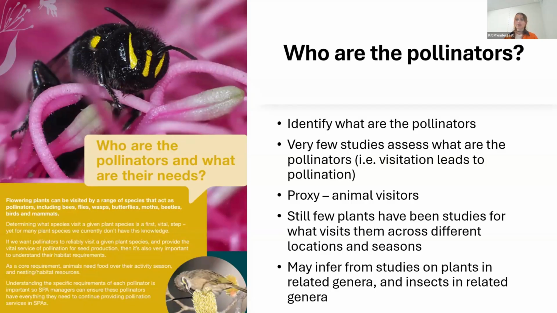Of course, this can vary by location, by season, and if you don't have that information, you can sometimes infer from a related plant, so a plant in the same genus, because very rarely do insects specialize on only a single plant species. So even if they're specialists, they'll often visit plant species that are in the same genera. But that's the first step. You want to know who the pollinators are.